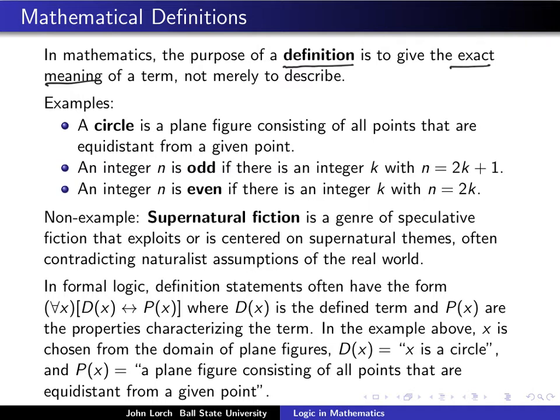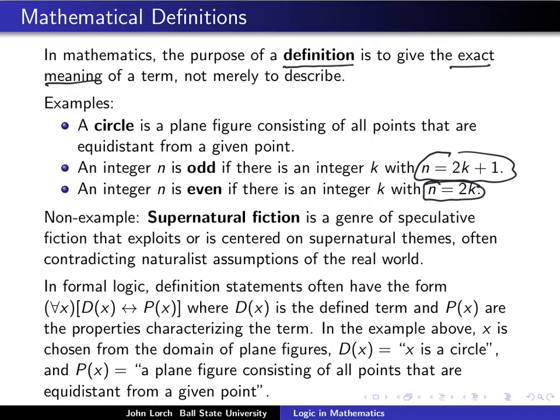Right? It's a plane figure consisting of all points that are equidistant from a given point. That tells us exactly what a circle is. And in the second two bullet points, we describe what it means for an integer to be odd or even. So an integer is odd, essentially, if it is a multiple of 2 plus 1, and it's even if it's a multiple of 2.